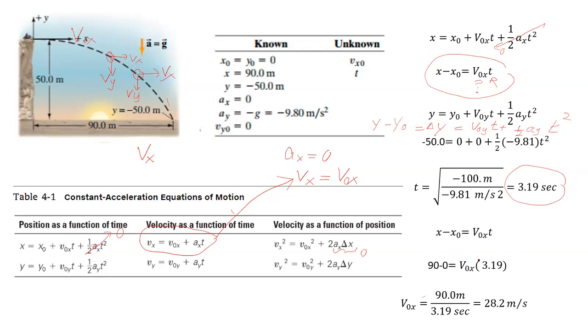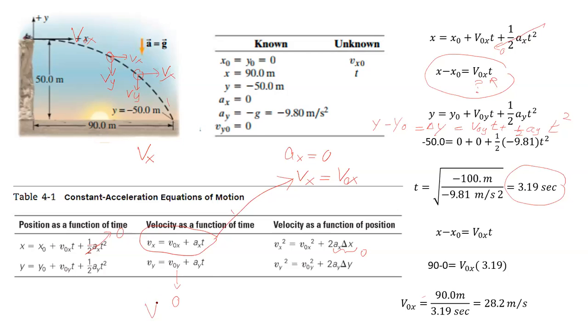And 28.2 means that at any point his x direction velocity is 28.2. I don't know the y direction velocity in this problem. It is not asking, but if you are curious, of course you can find out. V0y is 0 for this one, ay is negative 9.8, and t you found out is 3.19.